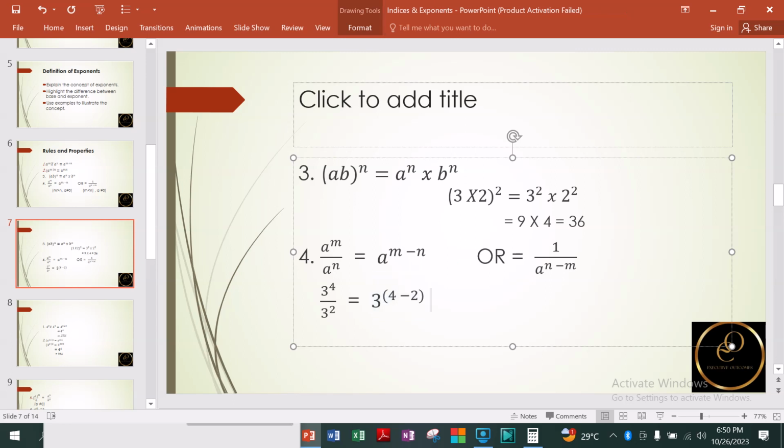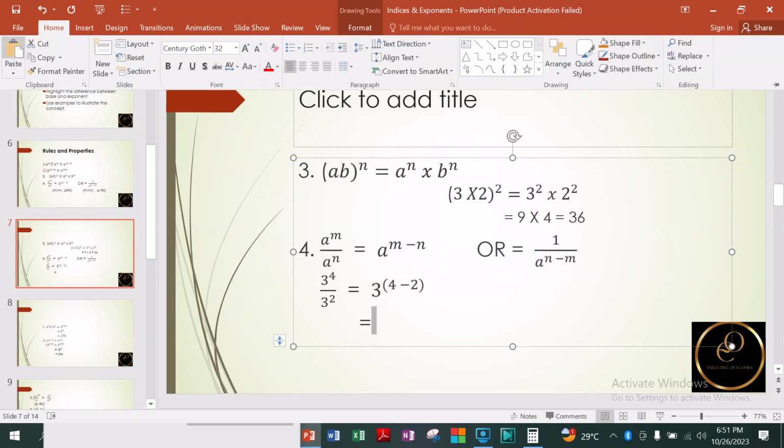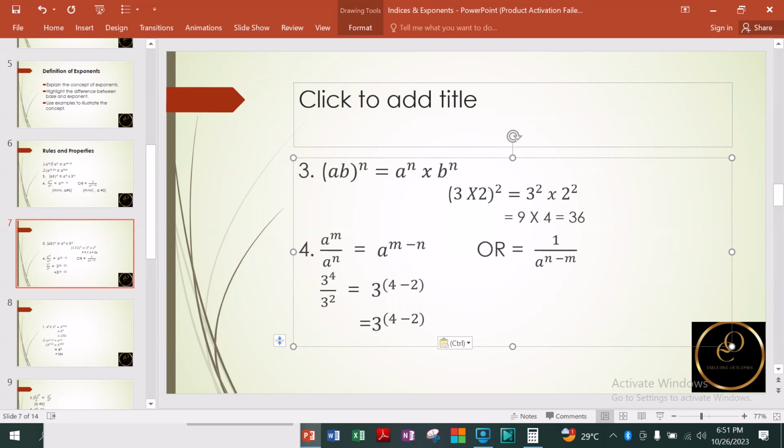So if you work out that one, it is simplified to be 4 minus 2, which will end up to be 2.